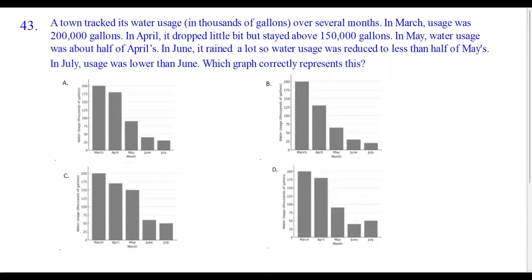Let's just break this down and start at the beginning. A town tracked its water usage in thousands of gallons over several months. In March, usage was 200,000 gallons. So let's see if we can eliminate anything at this point. March has to be at 200,000 gallons.